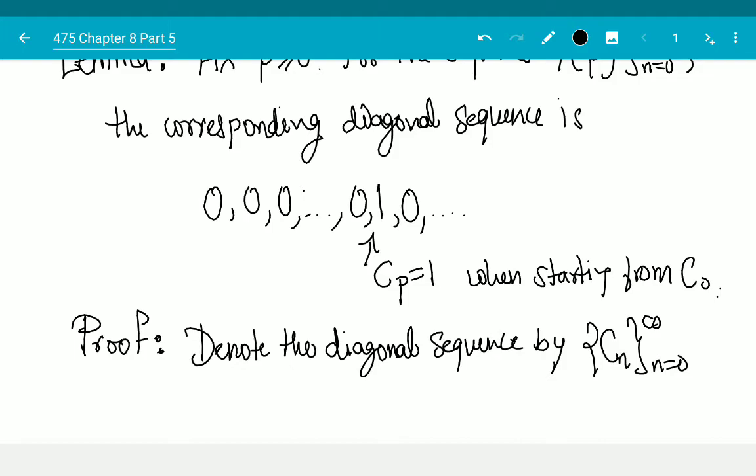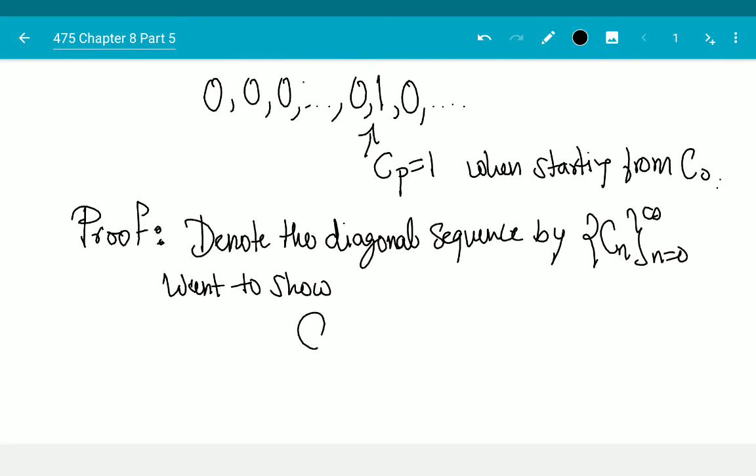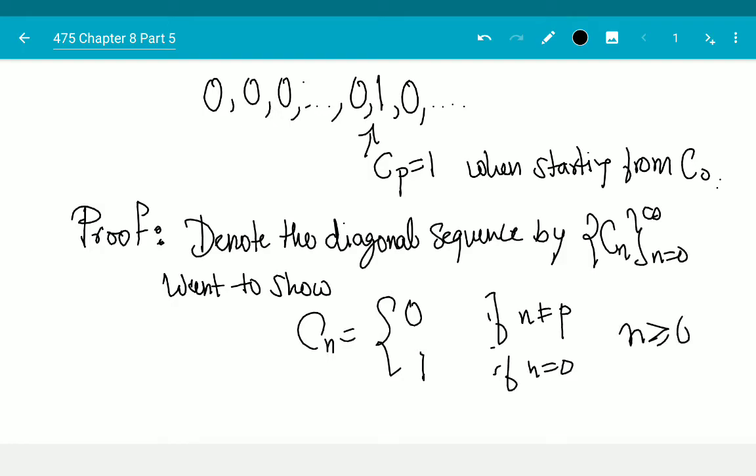Then we want to show C_n is equal to 0 if n is not equal to p, and 1 if n is equal to p, for n greater than or equal to 0, right? So now you construct the difference table.